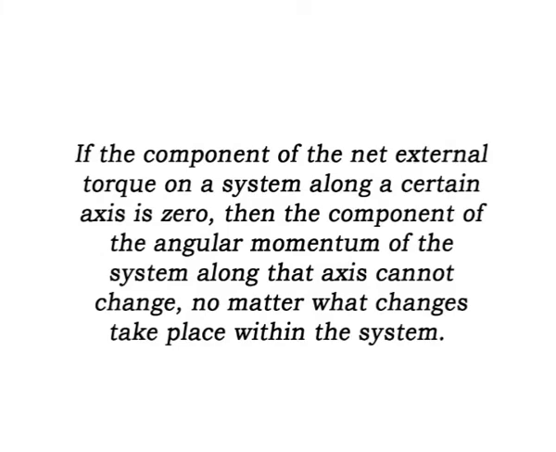In other words, if the component of the net external torque on a system along a certain axis is 0, then the component of the angular momentum of the system along that axis cannot change, no matter what changes take place within the system.